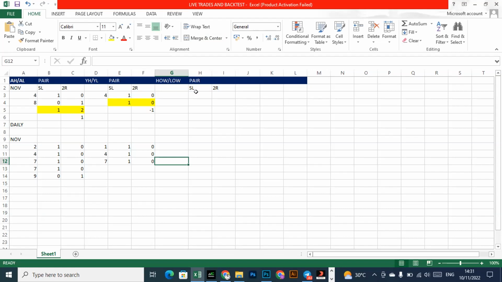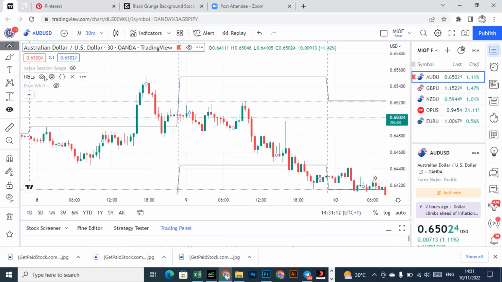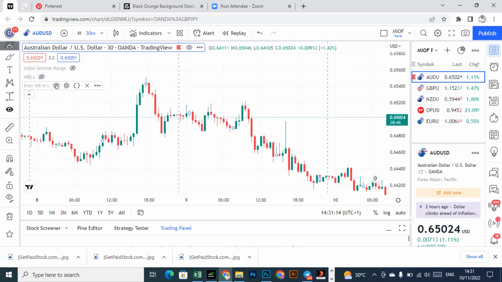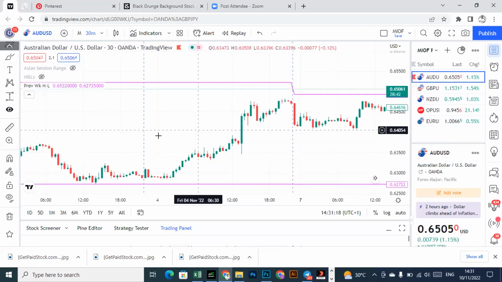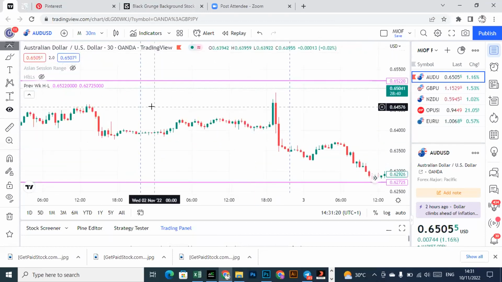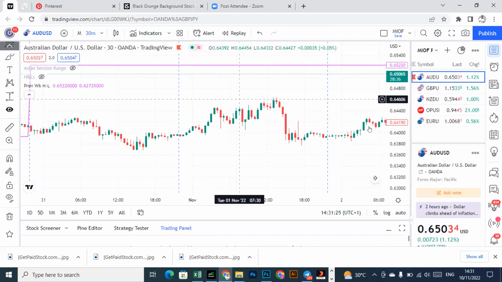Okay, so let's see. Let's go to higher of the candle. So let's do that. This is 60.